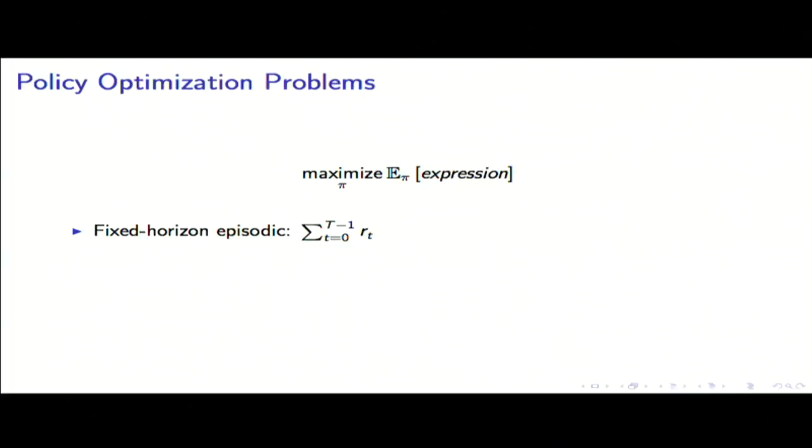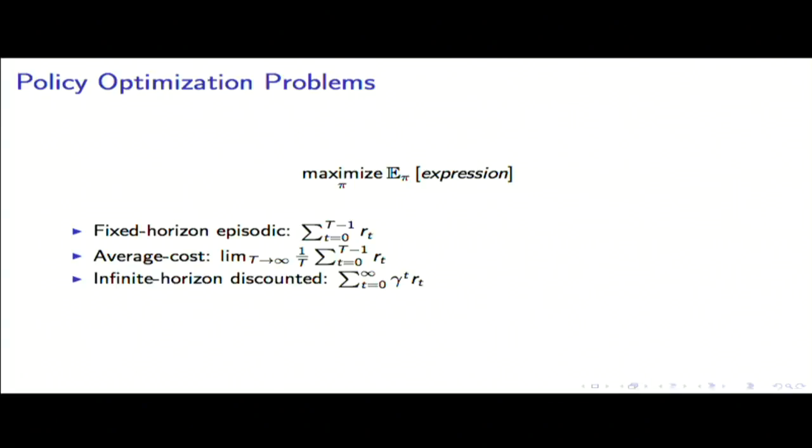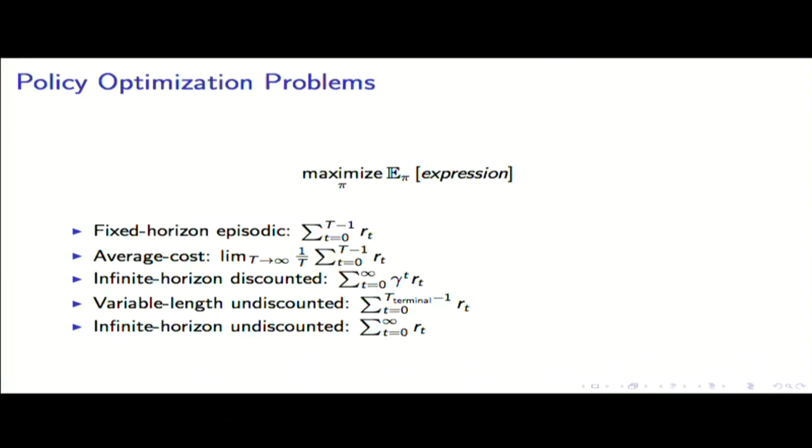So let's first just review exactly what optimization problem we're trying to solve. In reinforcement learning, we're trying to maximize the expected reward, or the expected sum of rewards over time. And there are actually various different forms of this problem. So let's just review some of the different optimization problems you might write down.